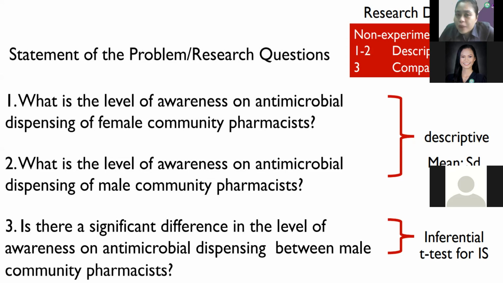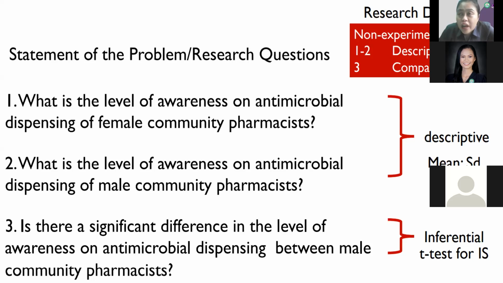So ito yung mga specific questions that the researchers wanted to answer in their study. Number 1, what is the level of awareness on antimicrobial dispensing of our female community pharmacists? And number 2, what is the level of awareness on antimicrobial dispensing of the male community pharmacists. So, dyan, level lang ang tinatanong. So, we only need descriptive statistics here for numbers 1 and 2. We just need the mean. Kasi diba, I believe, nakapag-answer din kayo ng mga questionnaire.